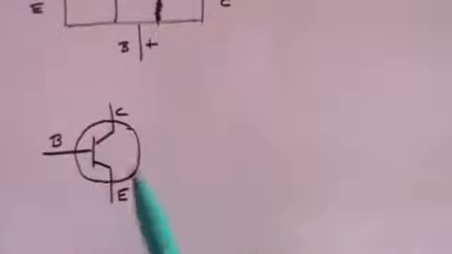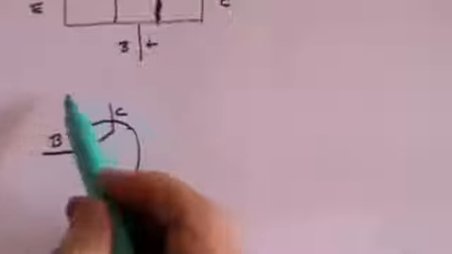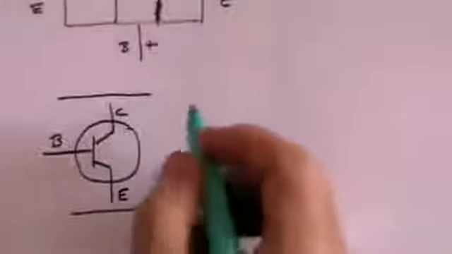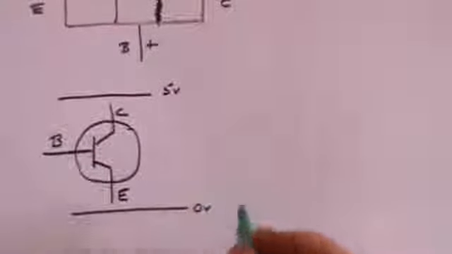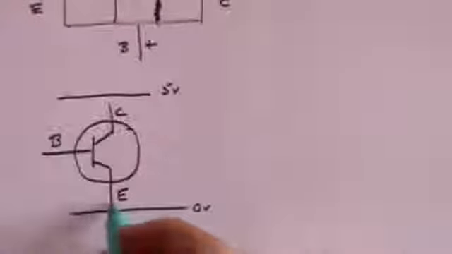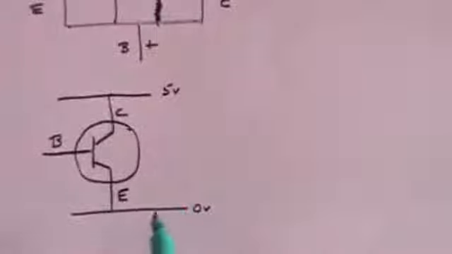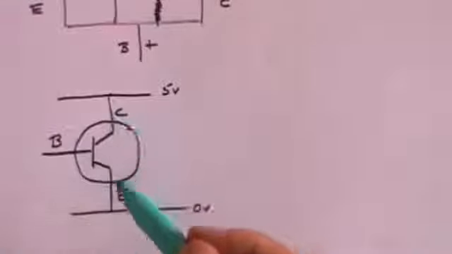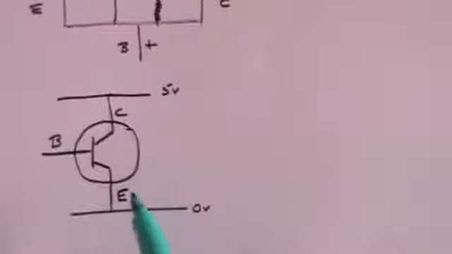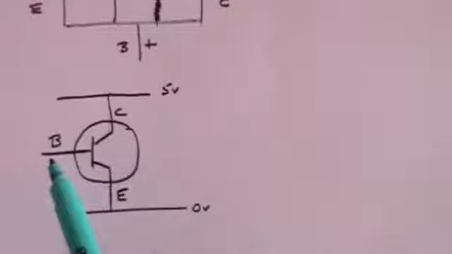And the same principle applies, that if there is a voltage, it varies for different transistors, but let's say you have 5 volts here and 0 volts here, then, and we better join up the wires so that there is a link, the position is that no current will flow. The electrons are going in this direction from the emitter to the collector, so the conventional current is coming in this direction down the voltage. So no current will flow through that transistor if there is no voltage on the base. But if you put a voltage on the base, then a current will flow through the transistor.